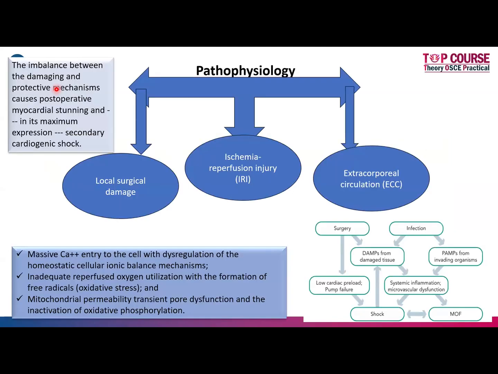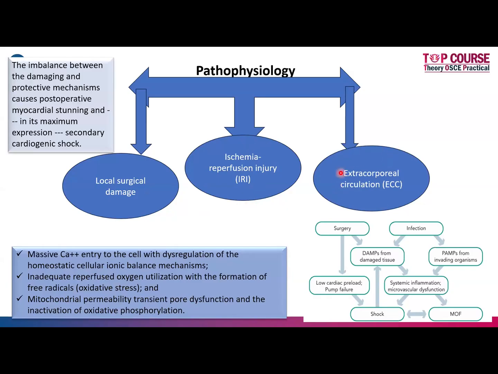Now, pathophysiology includes local surgical damage, ischemic reperfusion injury, which happens because of massive calcium entry into the cell with dysregulation of the cellular mechanisms, increase in the free radicals causing oxidative stress, and mitochondrial permeability dysfunction. So, these are the mechanisms by which the ischemic reperfusion injury occurs.